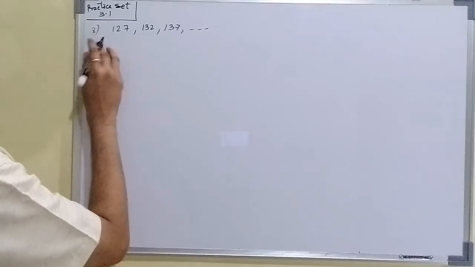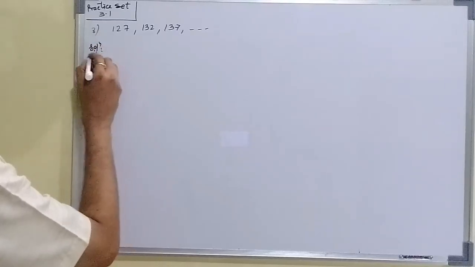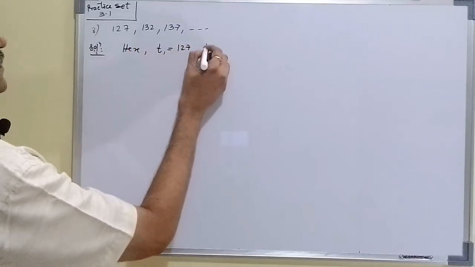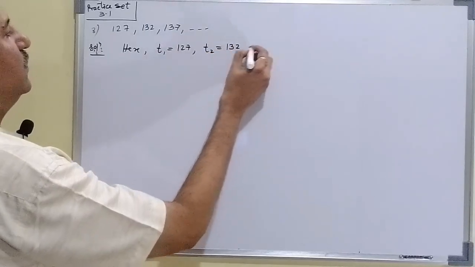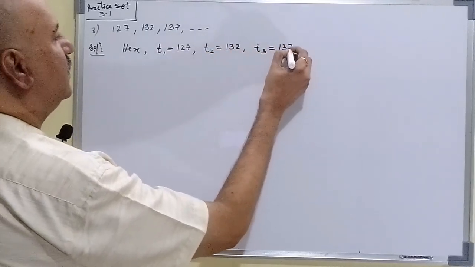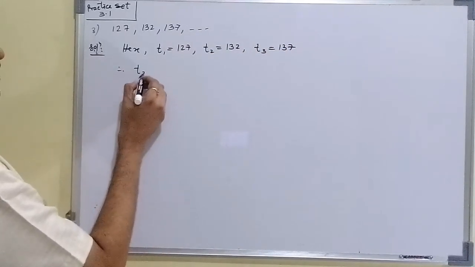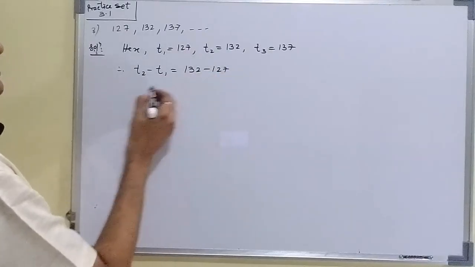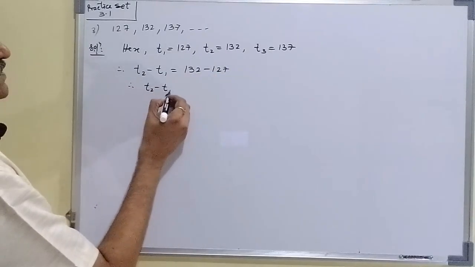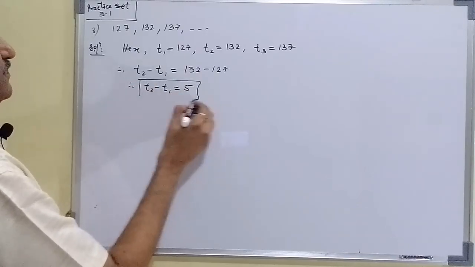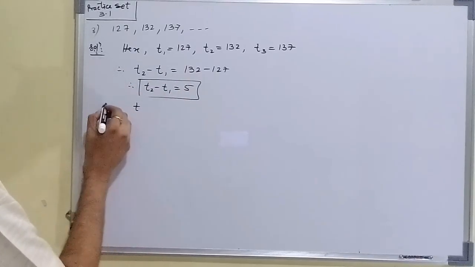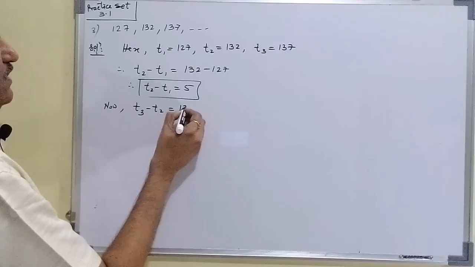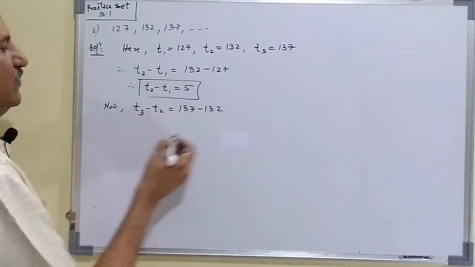Solution. Here T1 क्या है भाई 127, T2 132, T3 137. तो स्टार्ट करो. Therefore T2 माइनस T1 कितना है 132 माइनस 127. Therefore T2 माइनस T1 is 5. नेक्स्ट करो. Now T3 माइनस T2, T3 क्या है 137 माइनस 132.